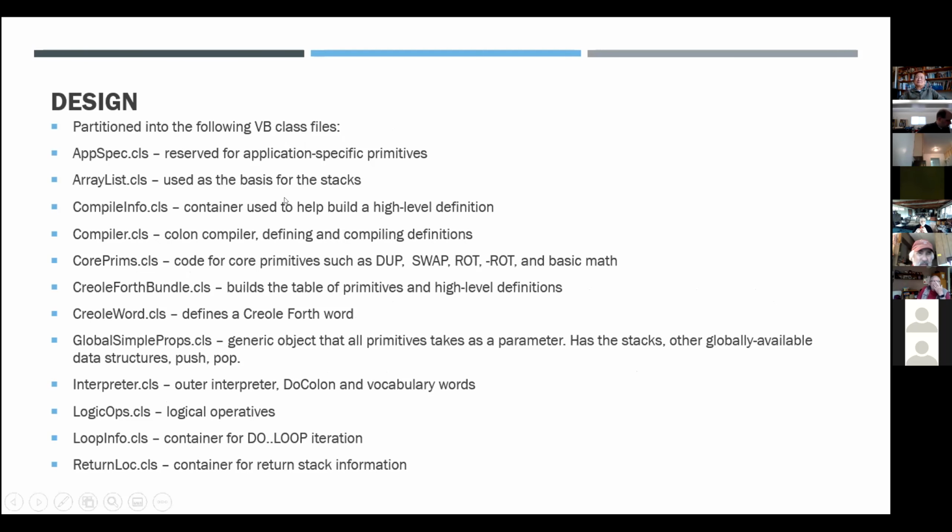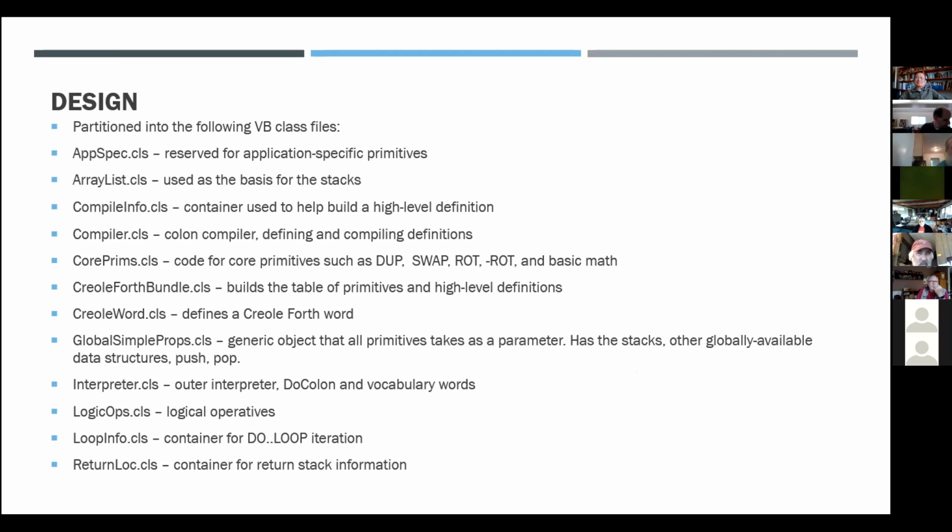The design is partitioned into the following VB class files. Aspect.cls is reserved for application-specific primitives. ArrayList.cls is used as the basis for the stacks. CompileInfo.cls is a container used to help build a high-level definition.